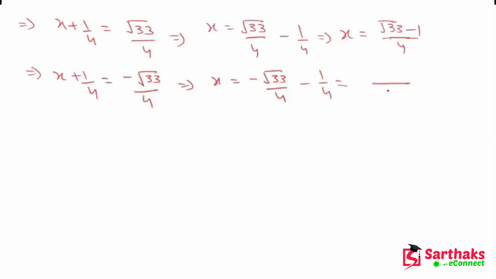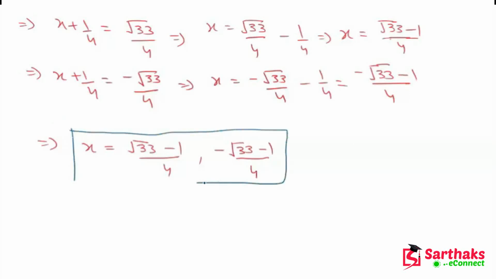So we get 4 in the denominator, and in the numerator minus root 33 minus 1. Okay, so we have two roots. What are they? x is equals to root 33 minus 1 upon 4 and minus root 33 minus 1 upon 4. So these are the two roots, these are the answers of our question.